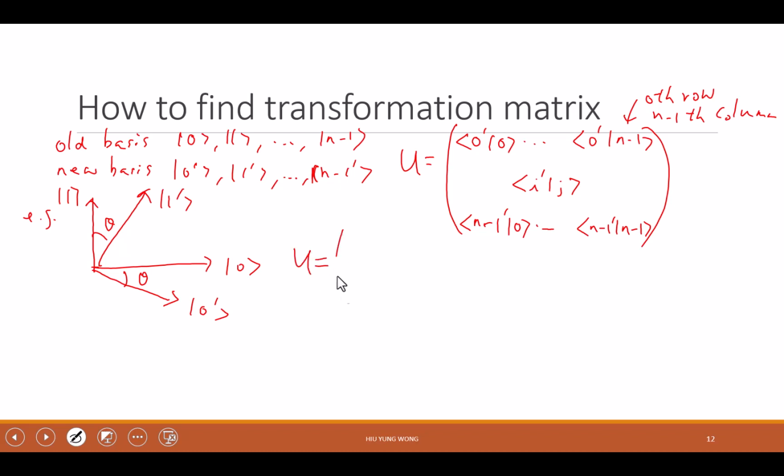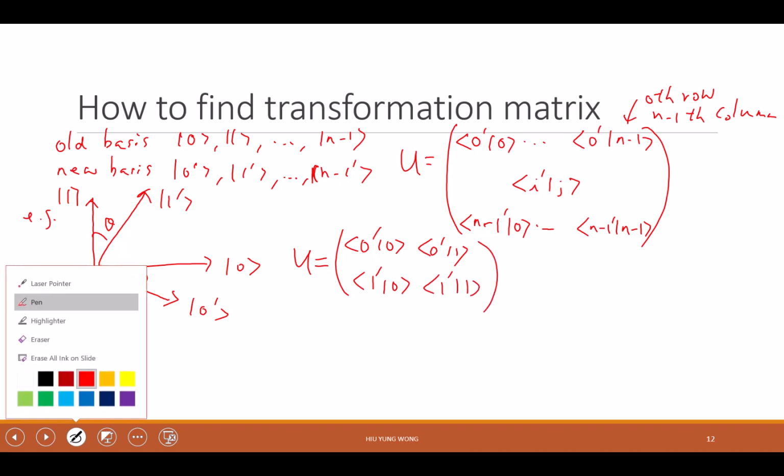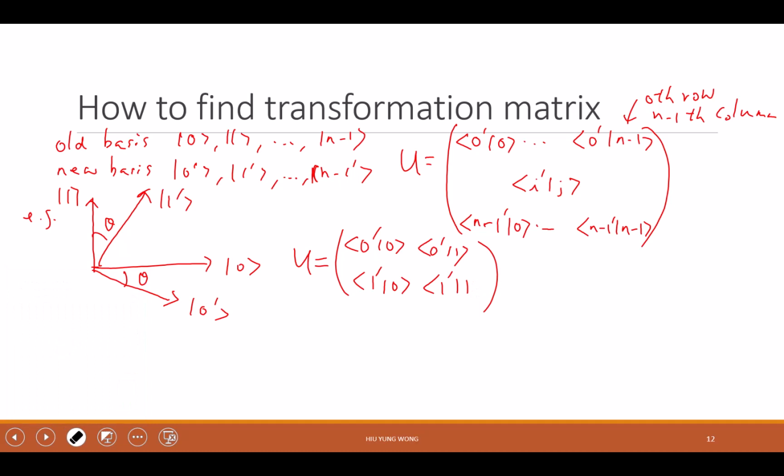U equals 0 dash 0, 0 dash 1, 1 dash 0, 1 dash 1. Okay, write down the correct equation first, the correct form first. You use this for your question 1, right? There is a way to do that. It's up to you how to transform the Bell basis into another basis.